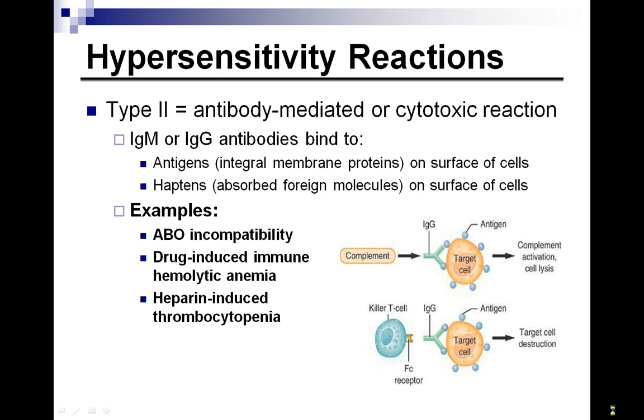An example would be ABO incompatibility, where we have some sort of a foreign antigen being presented on a cell, in that case a red blood cell. And then an immunoglobulin recognizes that as foreign and attacks the cell and marks it for destruction. So ABO incompatibility leads to hemolytic anemia, as well as other drug-induced hemolytic anemias or heparin-induced thrombocytopenia, which involves destruction of thrombocytes.